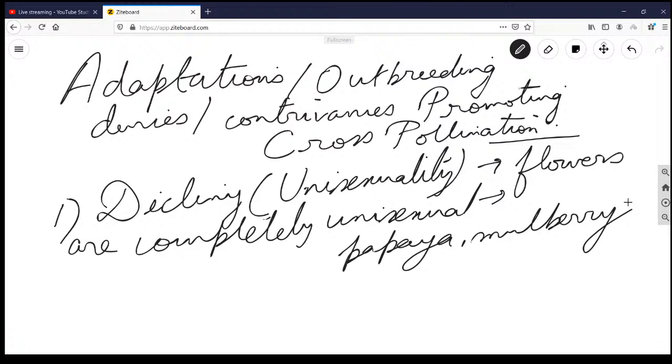If you are bisexual in nature, you will increase your probability of going for self pollination because you have two sexes, so you don't need to search for any other plant.